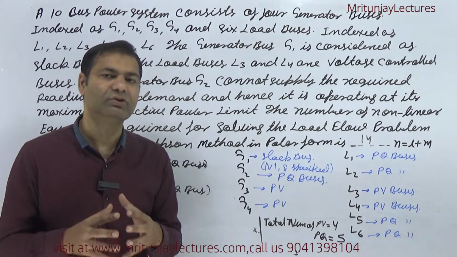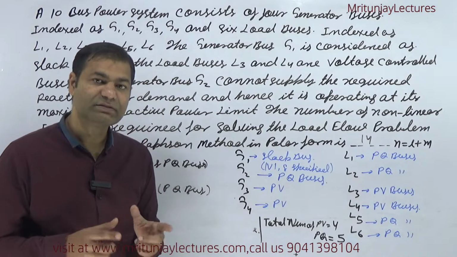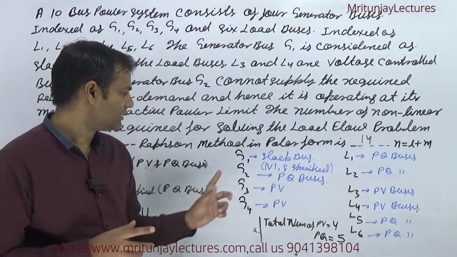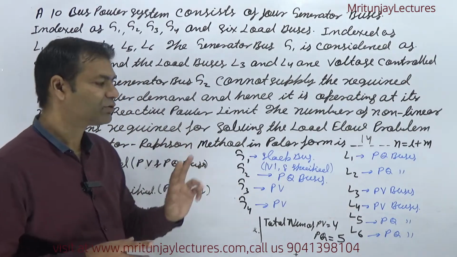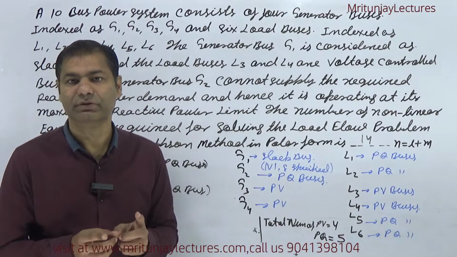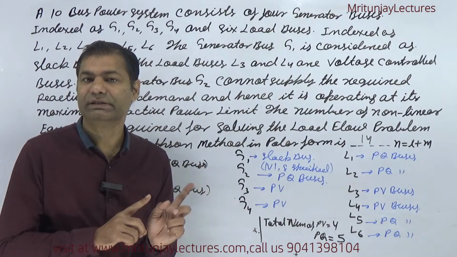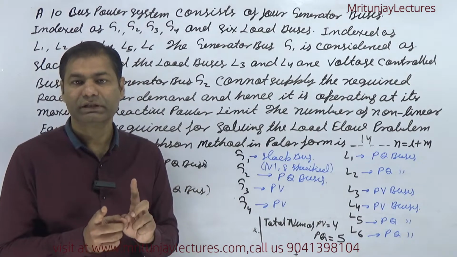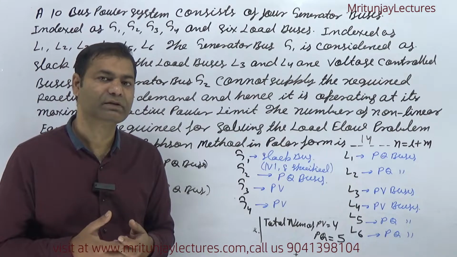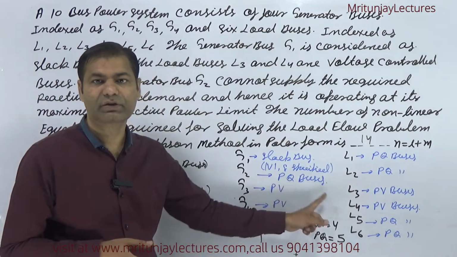If reactive power is not constant, voltage is not constant. So the PV bus is converted into a PQ bus. V would be constant if it were a PV bus, but V is not constant because the reactive power is not supplied as per requirement. That's why generator G2 is converted into a PQ bus.